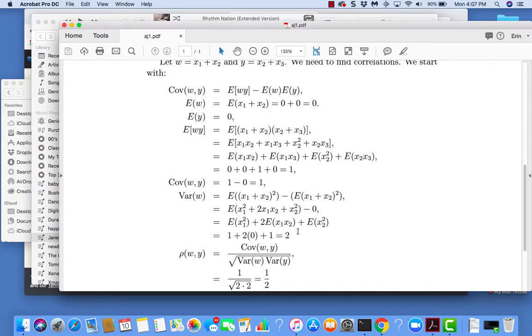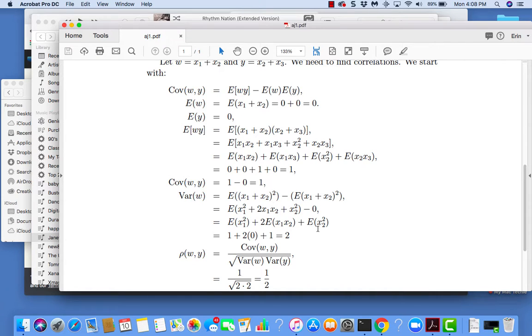And then the variance is going to be the expected value of the x1 plus x2 quantity squared minus the expected value of x1 plus x2 quantity, squared. So I'm going to have the expected value of x1 squared plus 2 x1 x2 plus x2 squared minus 0 from the last term.